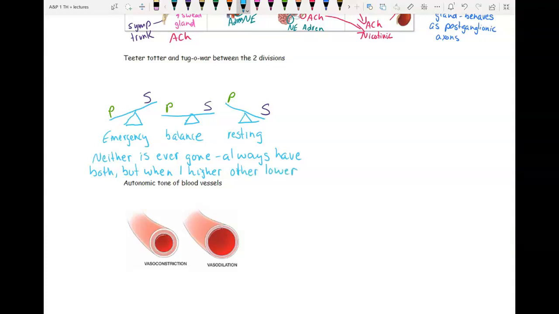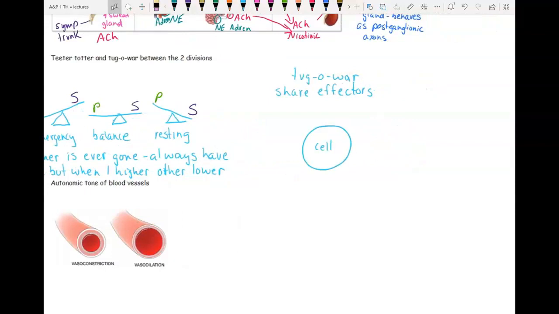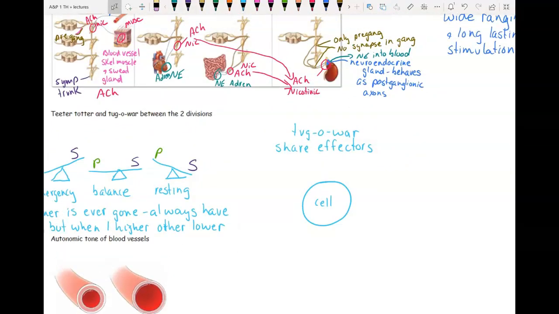So the tug-of-war idea, you have some organs that respond to both. So they share effectors, right? So you might have a cell, and it's going to have both cholinergic and adrenergic receptors. So it might have a receptor here for acetylcholine, so it's going to have a cholinergic receptor.